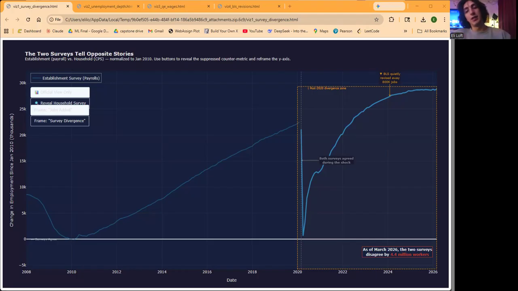And then I touched downstream on why consumer sentiment doesn't match the labor market at the moment.